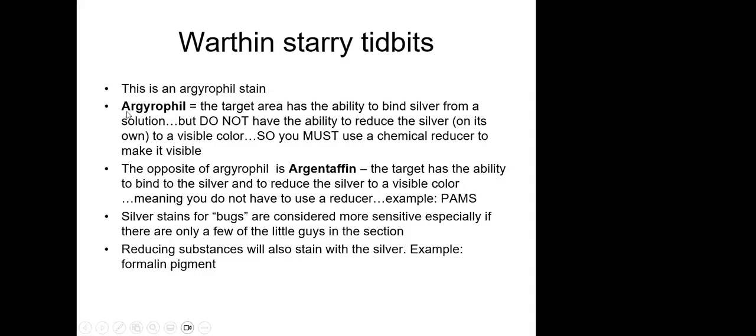An argyrophilic target, whatever it is that you are targeting, has the ability to bind to the silver. Because it has the ability to bind to silver, you do not have to reduce that silver.